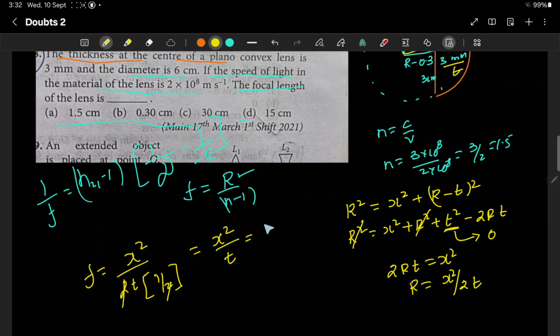So x is 3 centimeters, correct? So 3 into 3 centimeter, thickness is 3 millimeter, which is 0.3 centimeter. So if you do this, you will get 9 by 0.3. This is nothing but 3 by 0.1, which is 30. So 30 centimeter is the answer. So option C.